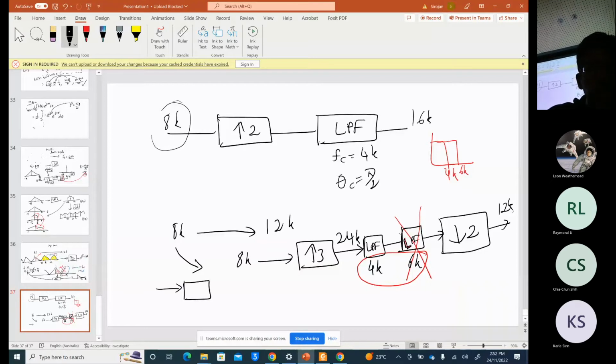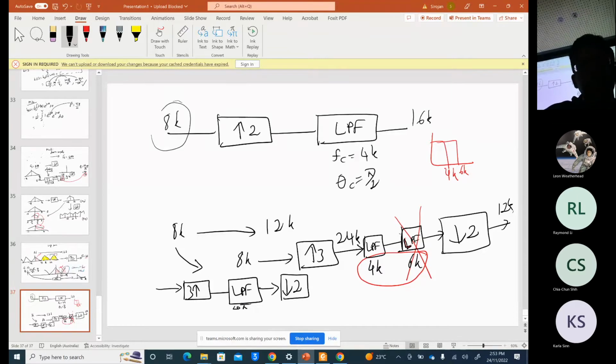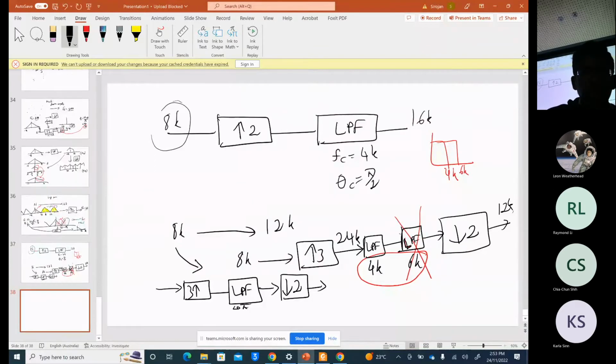upsampled by 3, then a low pass filter with cutoff frequency of 4 kilohertz, then downsampling factor 2.